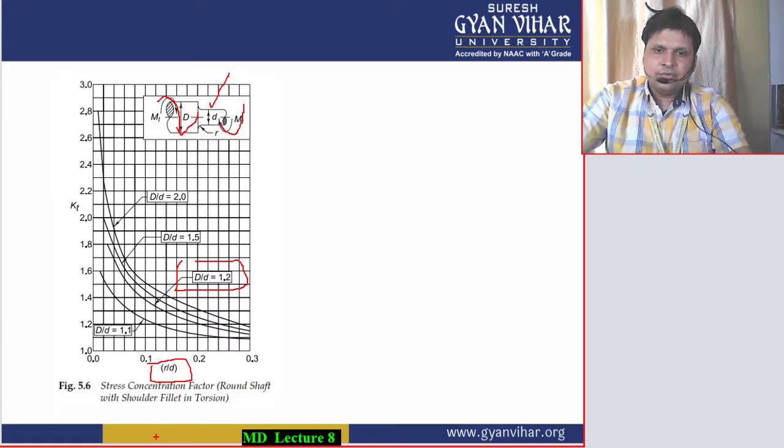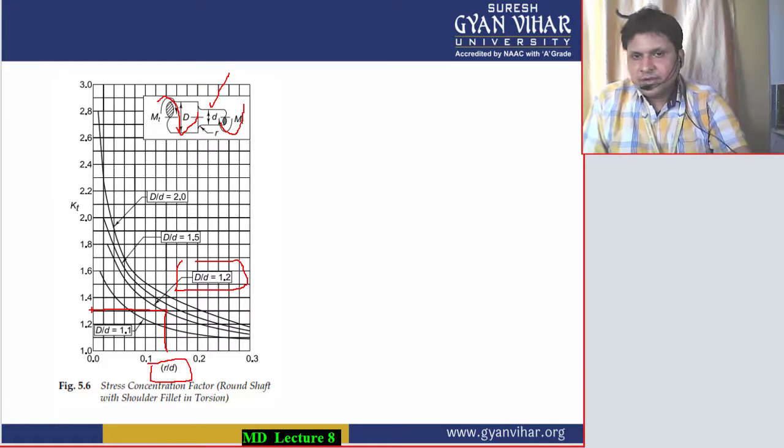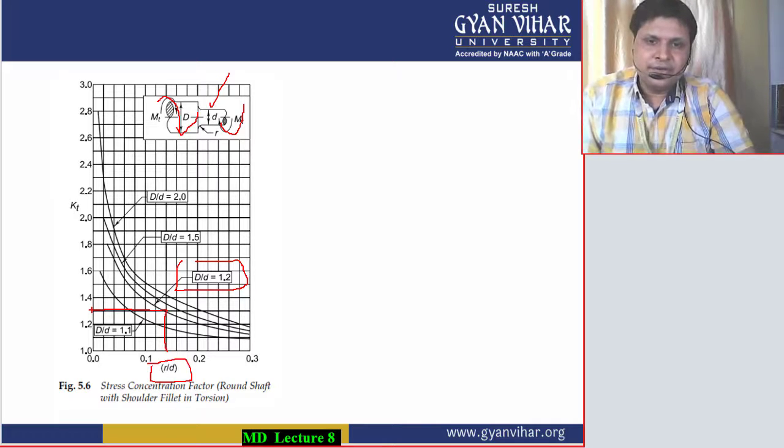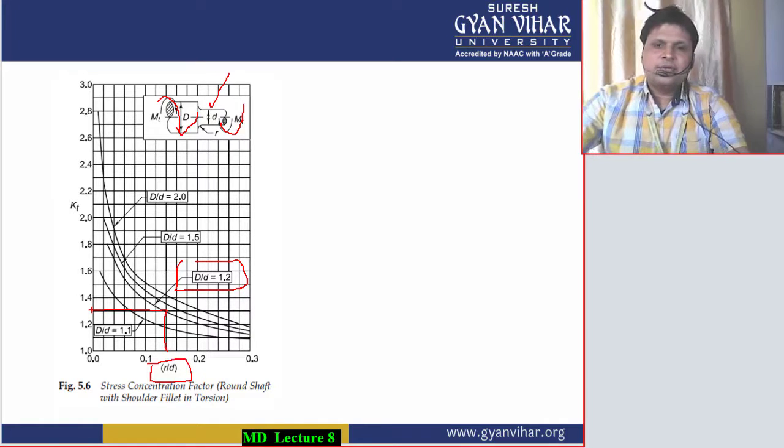If it is 1.2, just drag a line from this r by D value, and wherever it intersects the capital D by small d curve, at that point find what value is given on the y-axis, because the y-axis denotes the value of KT. So from this you can calculate the value of KT.